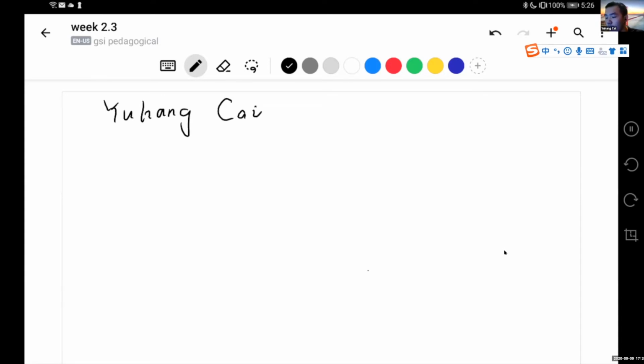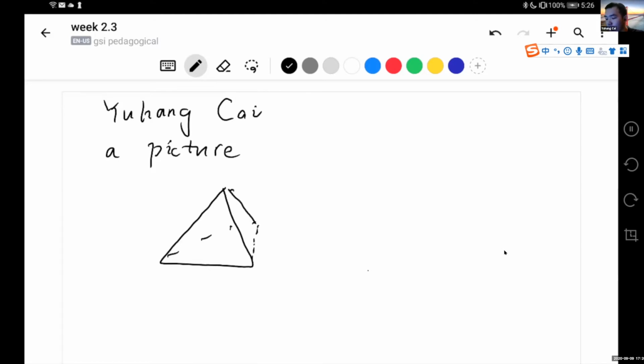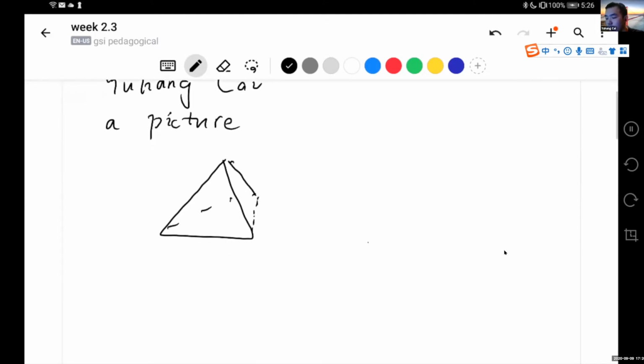The topic I will talk about today is not a specific problem. I want to talk about a picture that we use in material science. I will draw the picture as a tetrahedron. This is what I learned from another class. I think it's very helpful for material science and engineering study.